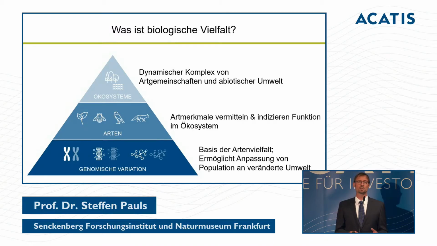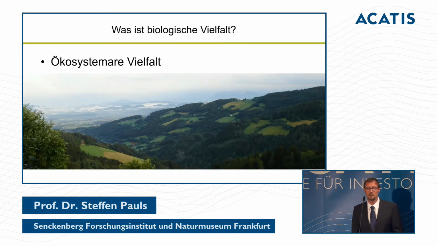But at the basis of all that, of the diversity, you have the genomic variation. So in other words, the change, the modification, what is in our genetic code and makes us different from other individuals. And this individual genetic code is the basis for the biodiversity that we have in the world.